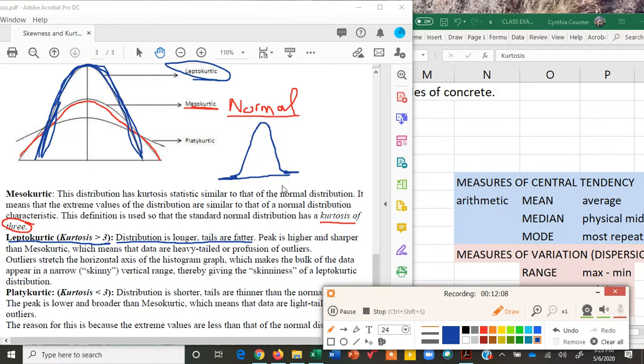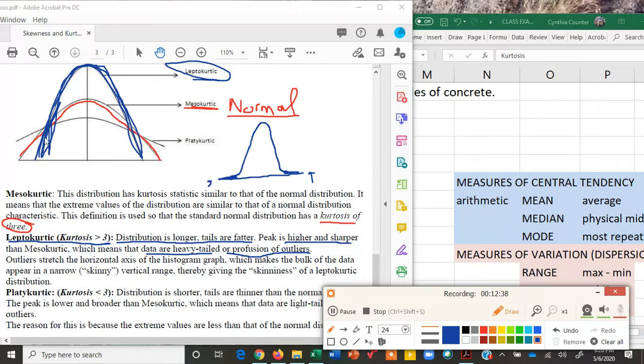That means there are going to be a lot of outliers out here because most of the data is in the middle. So she says a profusion of outliers, right? Peak is higher and sharper, profusion of outliers. I think of it as skinny tails because they're way skinny on the outsides. She says the data are heavily tailed, and I've been thinking about that. I think it's because, notice, she hasn't really drawn what I consider the tails.